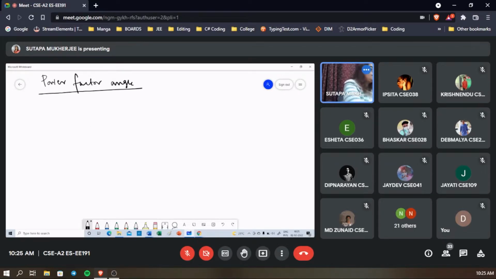Before going to that, we will consider star connection and power measurement. Definitely you can measure the power in case of star or delta. Right, Ishita?